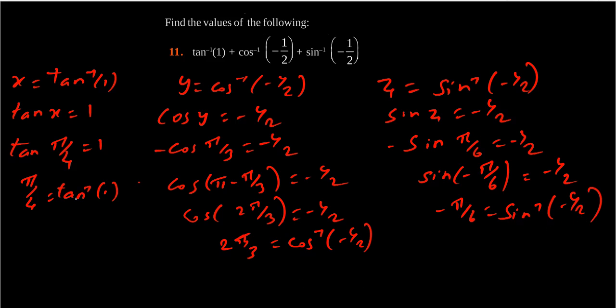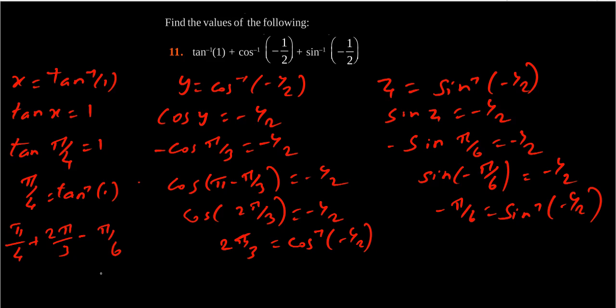So we have all the values. Tan inverse of 1, cos inverse of minus 1 by 2, sine inverse of minus 1 by 2. Every value we have, so that everything we need to add. So only the arithmetic operation is pending. So pi by 4 plus 2 pi by 3 and the last one will be minus pi by 6. So at last we need to take LCM.